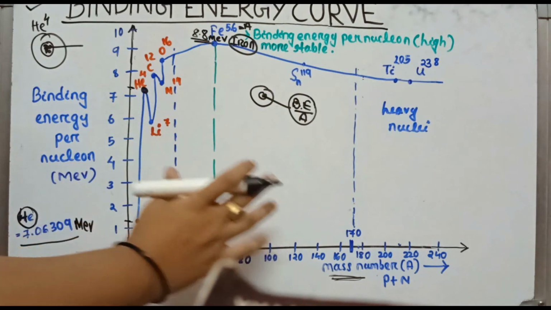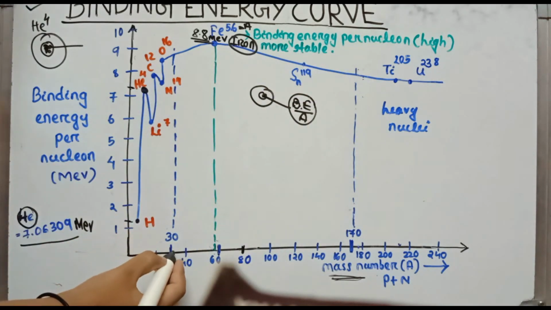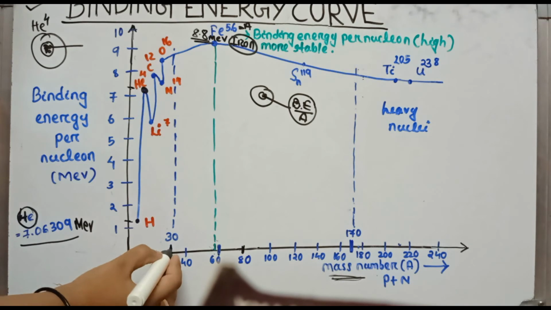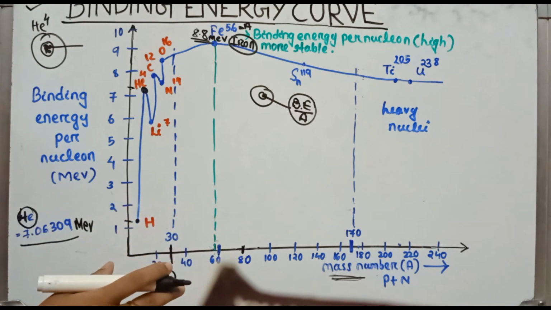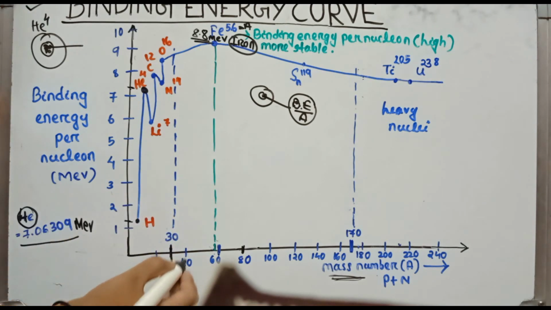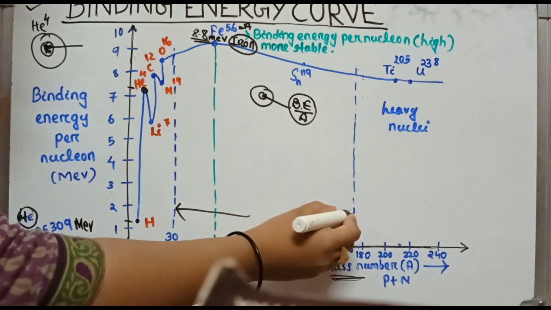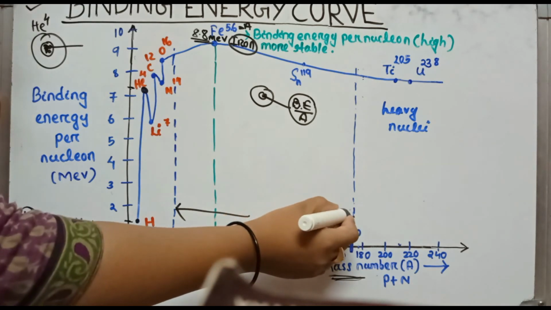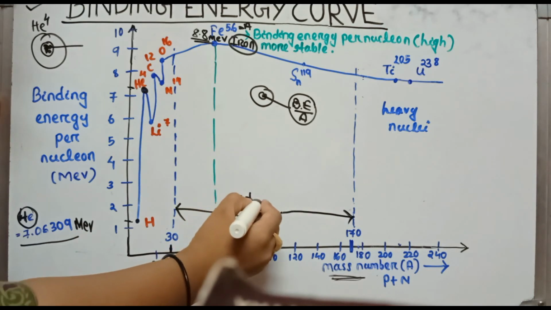Okay, that means overall here we conclude that mass number in between 30 to 170, these elements are stable.